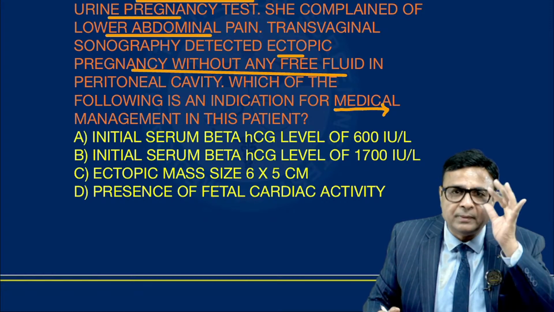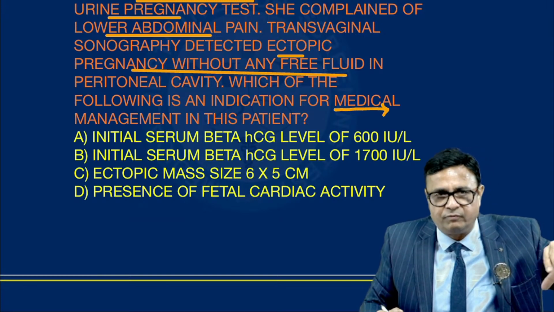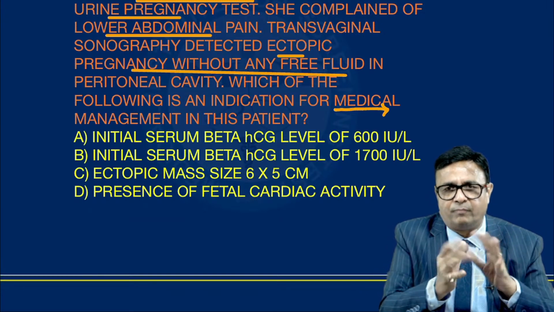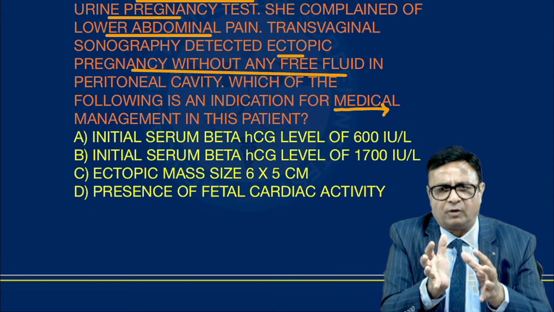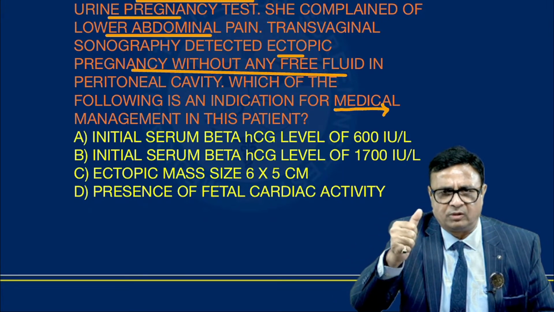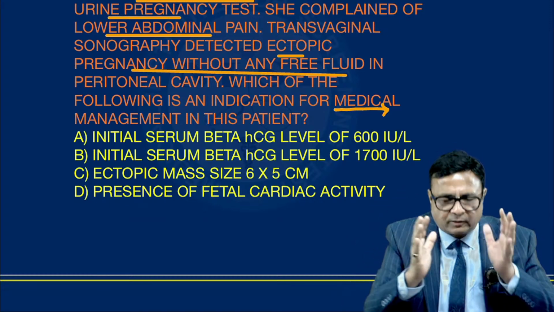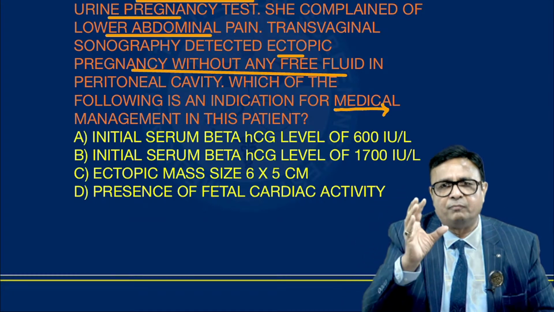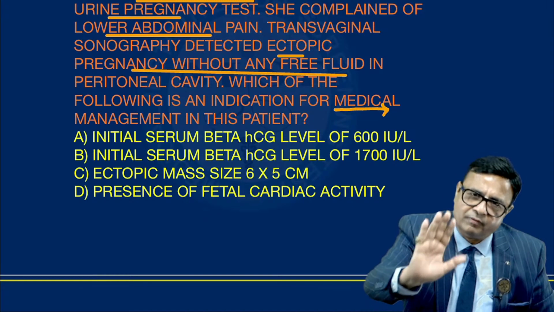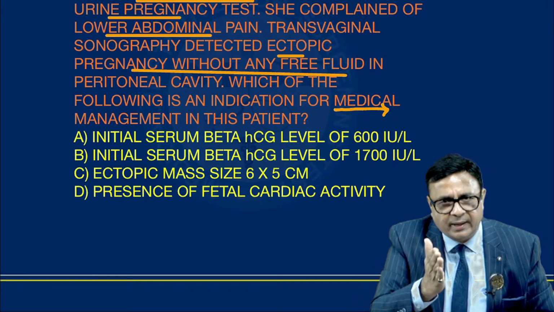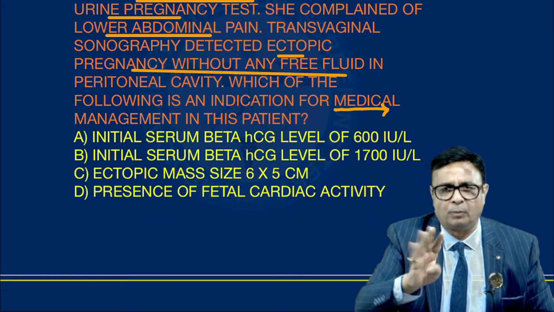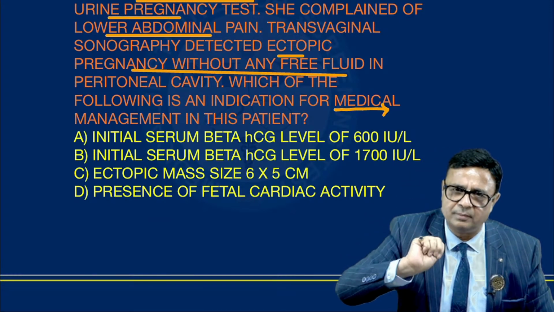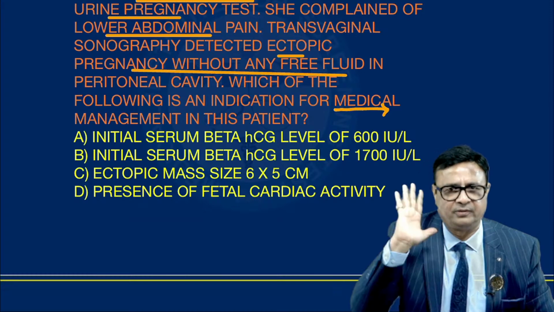Let me explain to clear your confusion. What is the indication of medical management? Let me summarize the indications for management of ectopic pregnancy. Very important MCQ zone for our exam. Expectant management is done if beta HCG levels are less than 1000. Medical management if HCG levels are between 1000 and 5000, ectopic mass size less than 4 cm and cardiac activity absent.